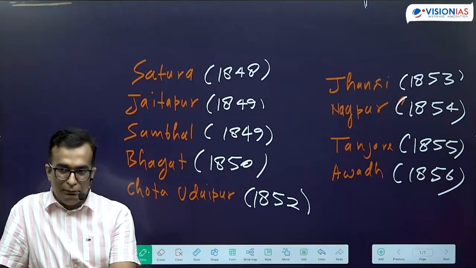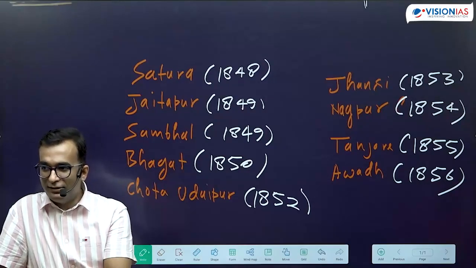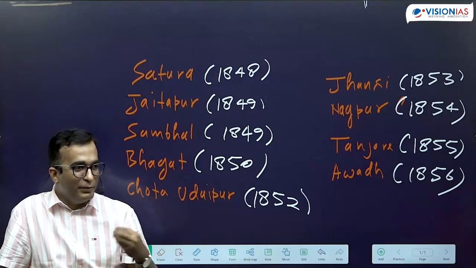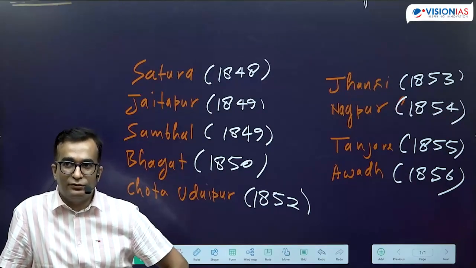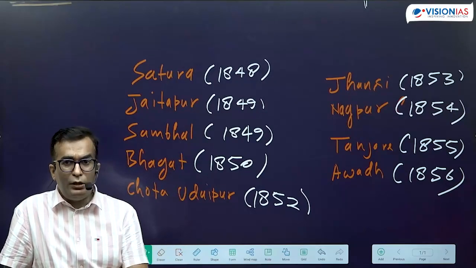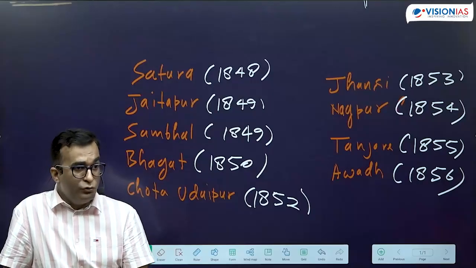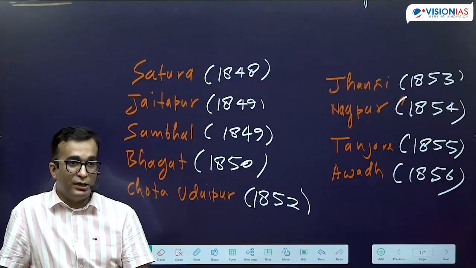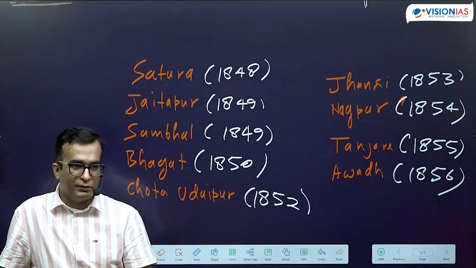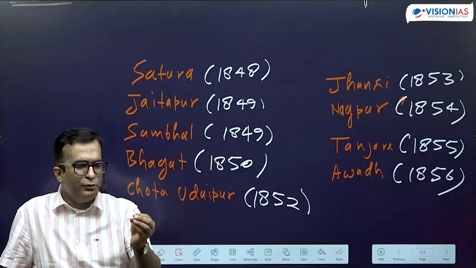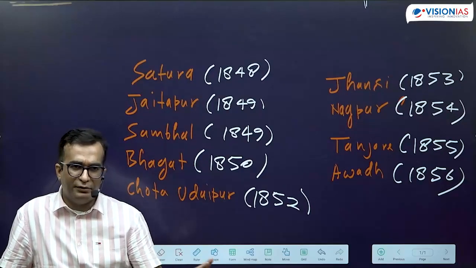It is called Brahmapur, but the British English called it Berhampur. The sepoys refused to use the greased cartridges. When they refused, they were disbanded from the services, meaning that they were fired from the services. यहाँ पे कुछ बहुत ज़्यादा नहीं हुआ, but they were fired from the services.